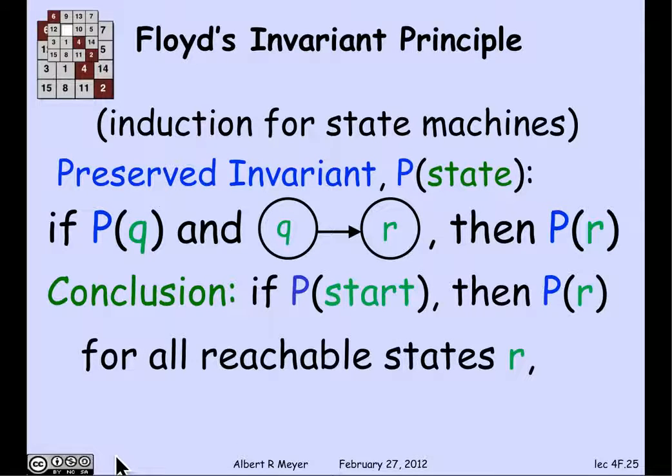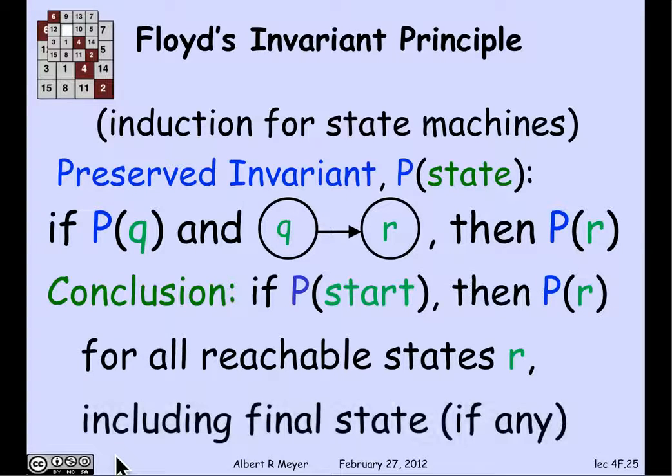So you can prove this by induction on the number of states, but I think it's clear that if you have a property that you begin with and it doesn't change making a step, it's never going to change. And that's all that Floyd's invariant principle states. So in particular, since the property P holds in all reachable states, if there is any final state which the machine reaches, then P is going to hold in that state.